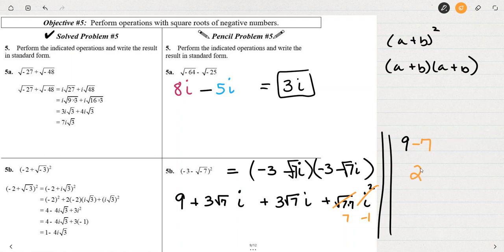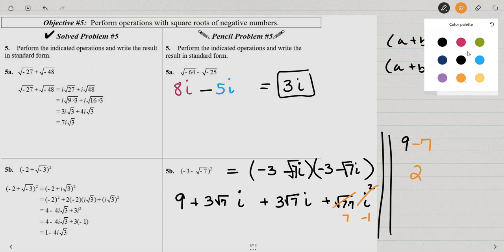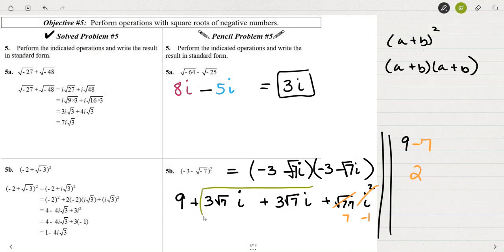is 2. And then 3 square root of 7i twice would be double. So 3 square root of 7 plus 3, let me write it just in case. When I have that twice, it's going to be doubled. So plus 6, so 3 plus 3. You don't double the square root of 7, do you?